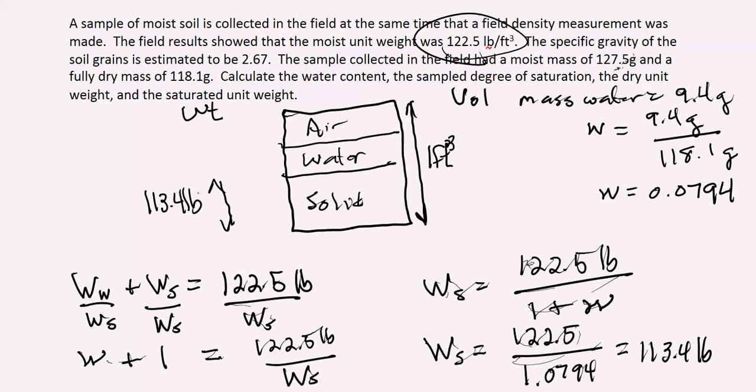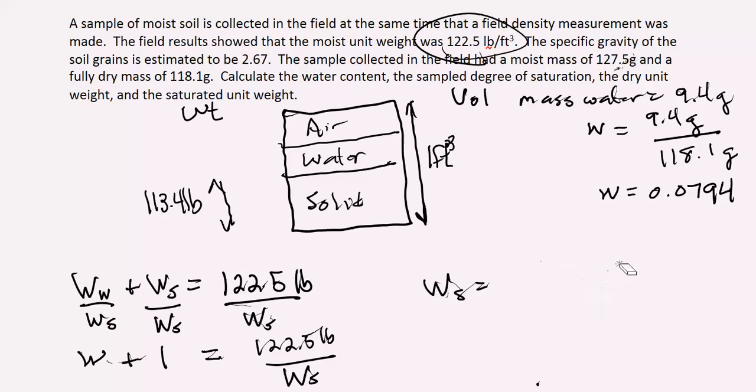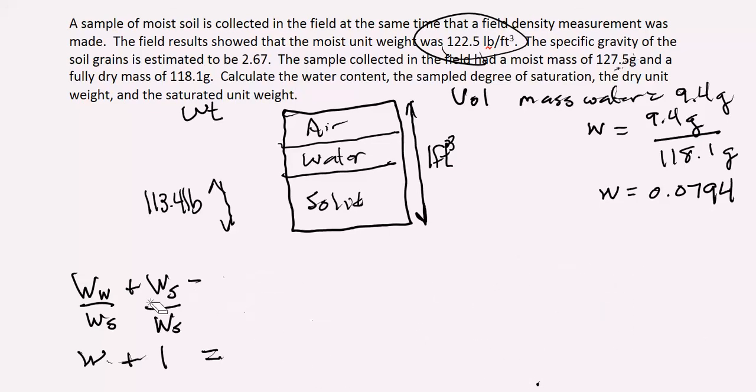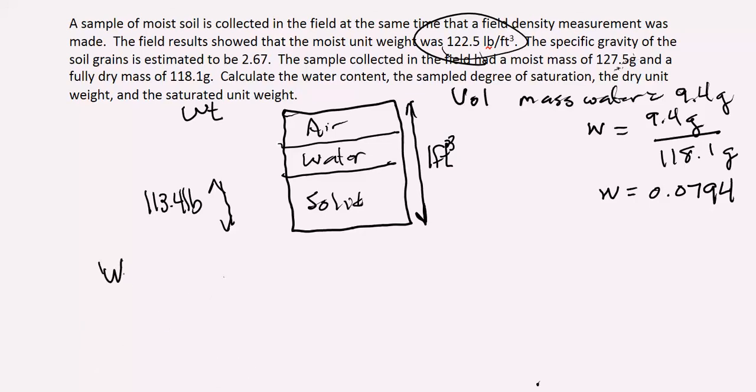Next, I need to get the weight of the water. I'm going to keep this space and just erase this portion of my work. I can get the weight of water from remembering that weight of water over weight of solid is equal to the water content.